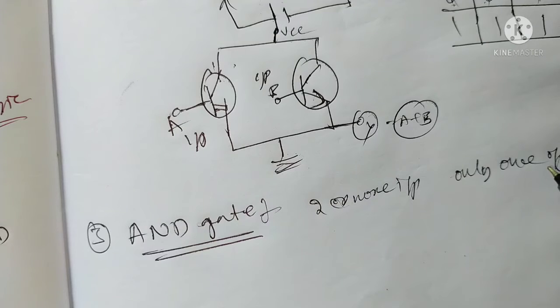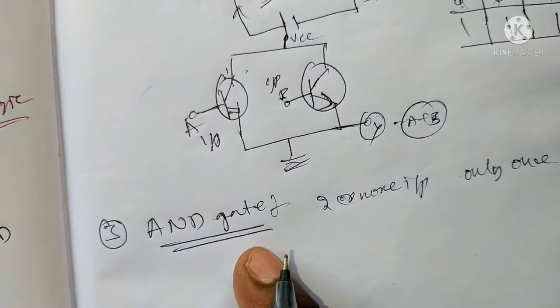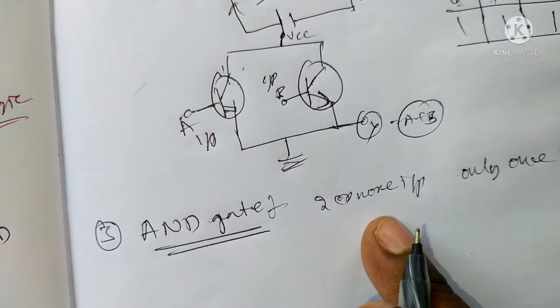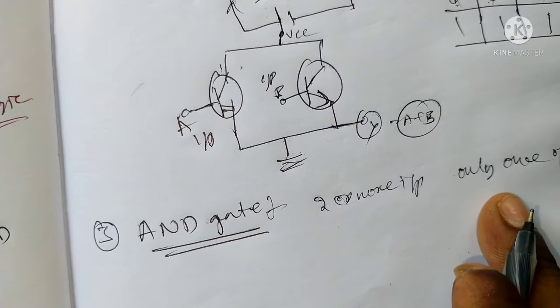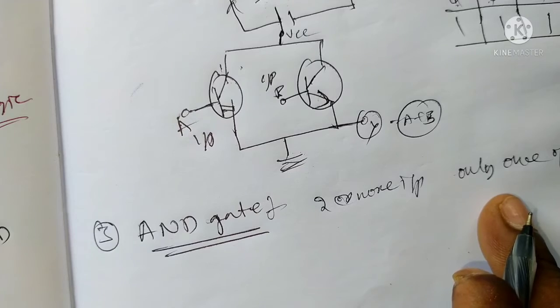In the OR gate and AND gate, and every logic gate except the NOT gate, there are two or more inputs and only one output.